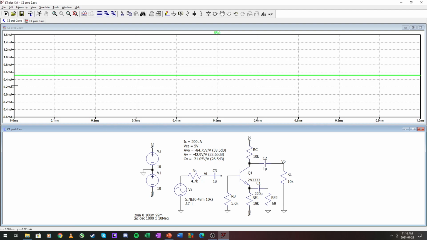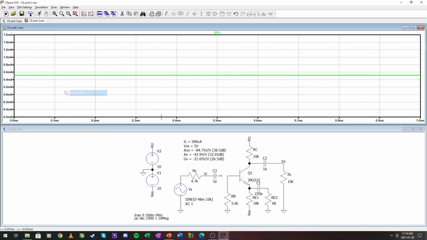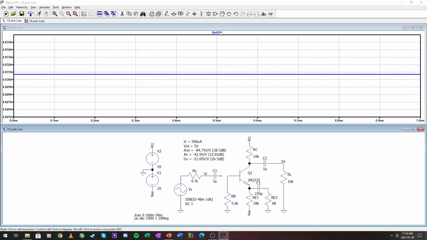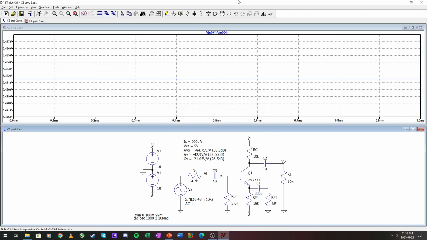We had to design for roughly 500 microamperes, sorry, and this is fairly close to that, 520. And our VCE value was at 5 volts. So if I just subtract this node here at the bottom, that is very close to the 5 volts that we designed for.